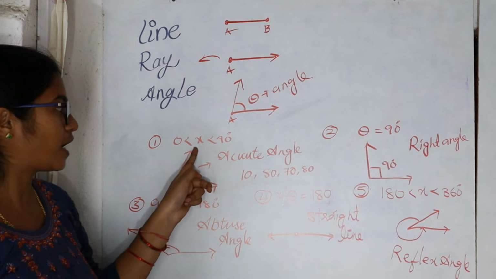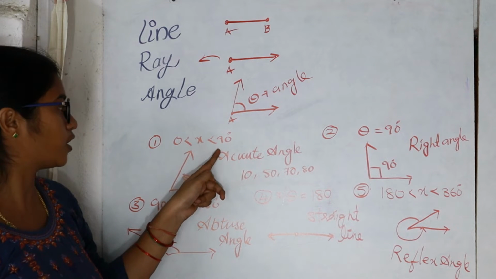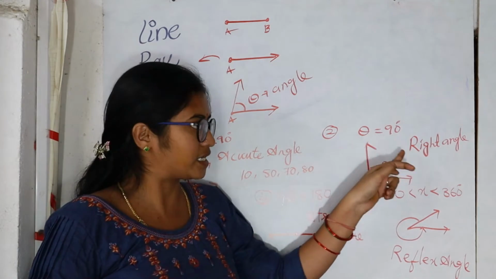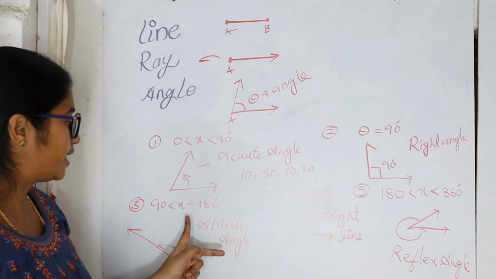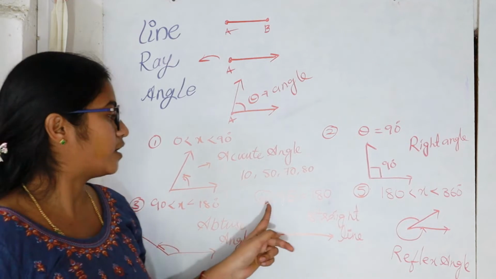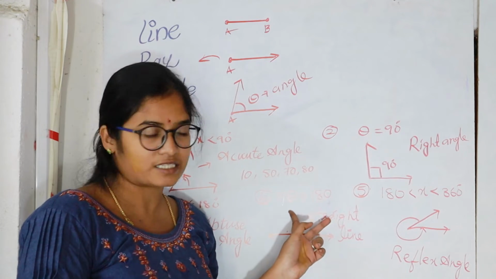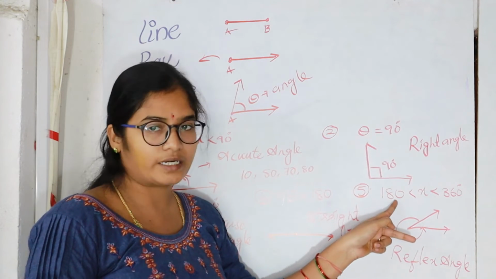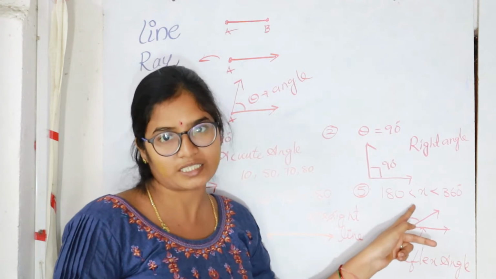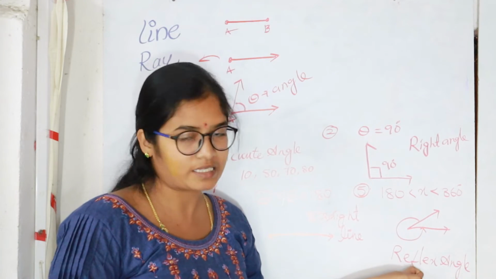If the angle is between 0 and 90 degrees, it is an acute angle; exactly 90 degrees, a right angle; between 90 and 180 degrees, an obtuse angle; exactly 180 degrees, a straight line; and between 180 and 360 degrees, a reflex angle.